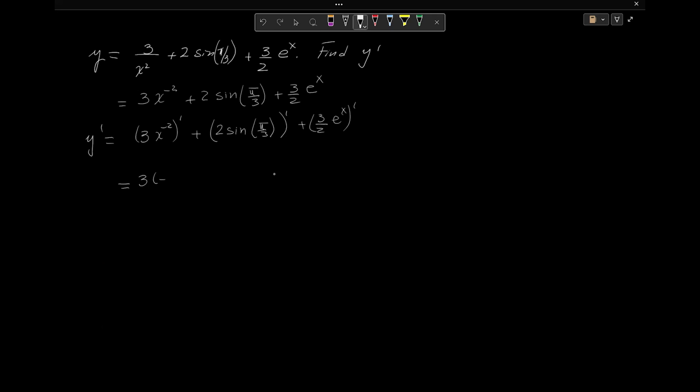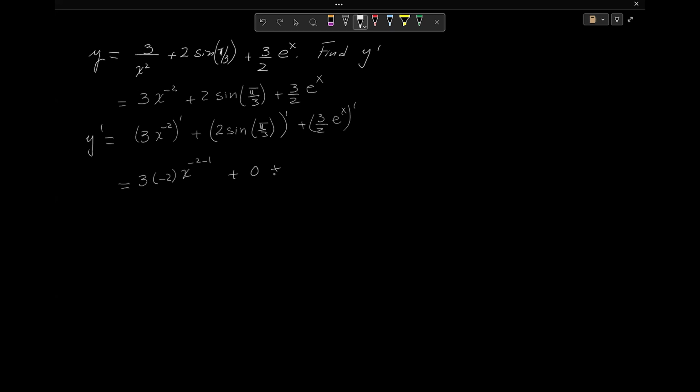We drop the power here, x to 1 less power, plus. Yes, we look at this and we see a sine. We say, okay, derivative of a sine. But let's think about it a little bit more. This is not the sine of x. This is the sine of a number, which is a constant. A constant times 2 is still a constant. Its derivative is 0.